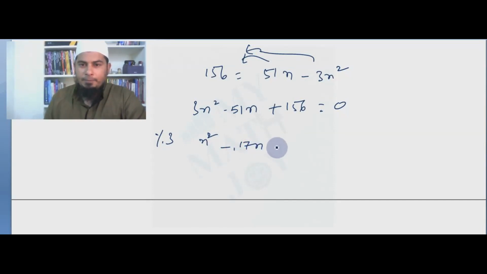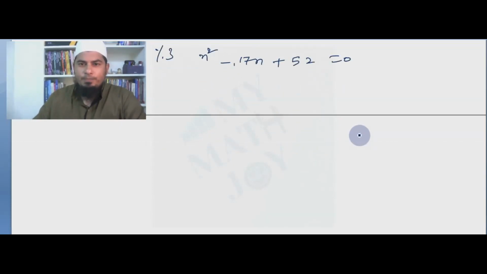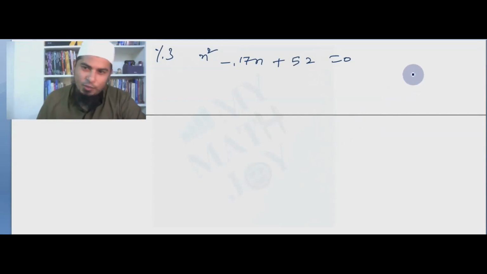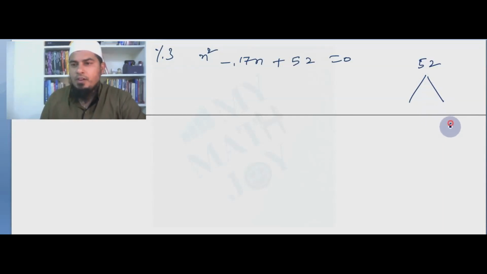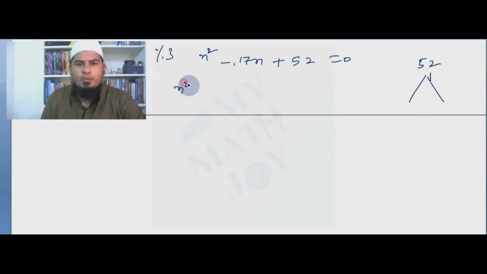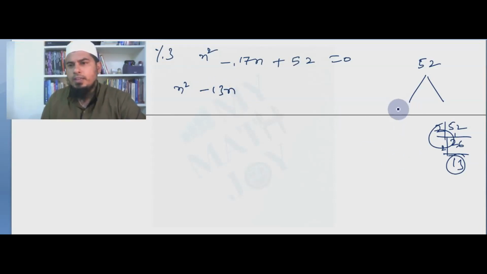I'll get n square minus 17n plus 52 equals 0. I want to factorize this. So don't watch my factorization, because you have all become good at factorization. You pause this video and do yours. Thank you. You are obeying the teacher. 52 factorization we want, so I take it as, 4 and 13. n square, negative 13n, so here negative 13 and negative 4 serve the purpose exactly.